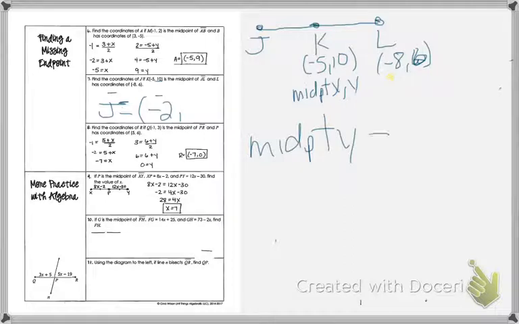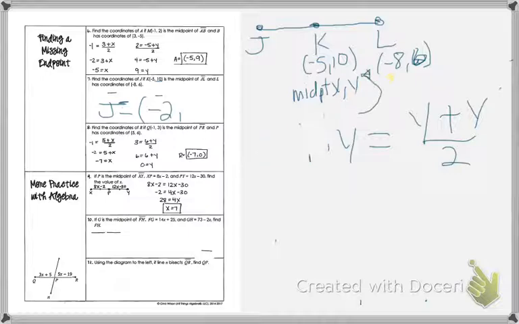Midpoint y is equal to both y's added together divided by 2. Do they give me the midpoint y? Yes, they do. They give me 10, so let's substitute. And they give us one of the y's. They give us 6. So I'm going to go ahead and substitute that one there too.